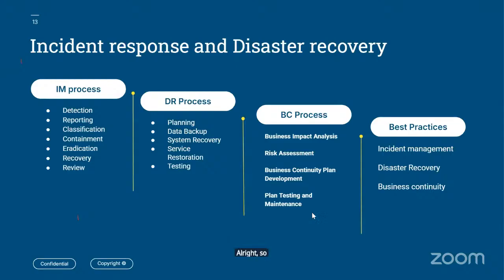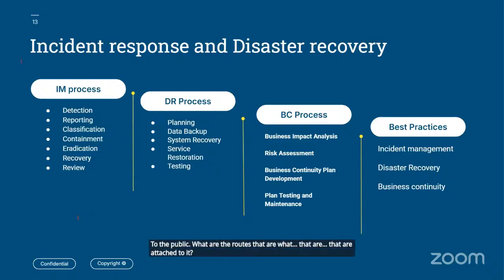So the basic terms and activities under business continuity processes are business impact analysis and risk assessment. You have to always assess risks. Let's say this web application that we are building and hosting to the public, what are the risks that are attached to it?